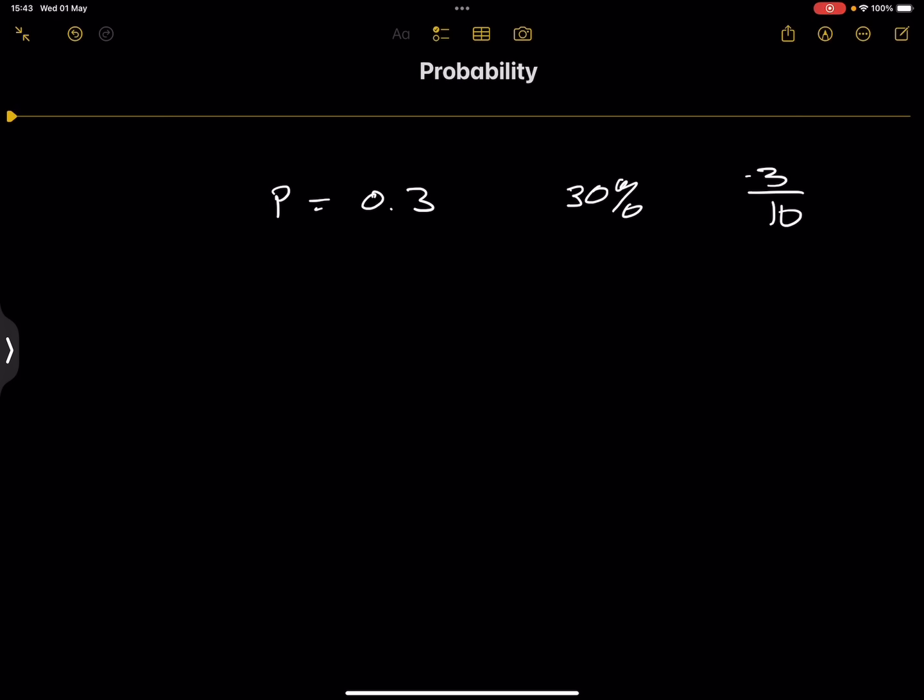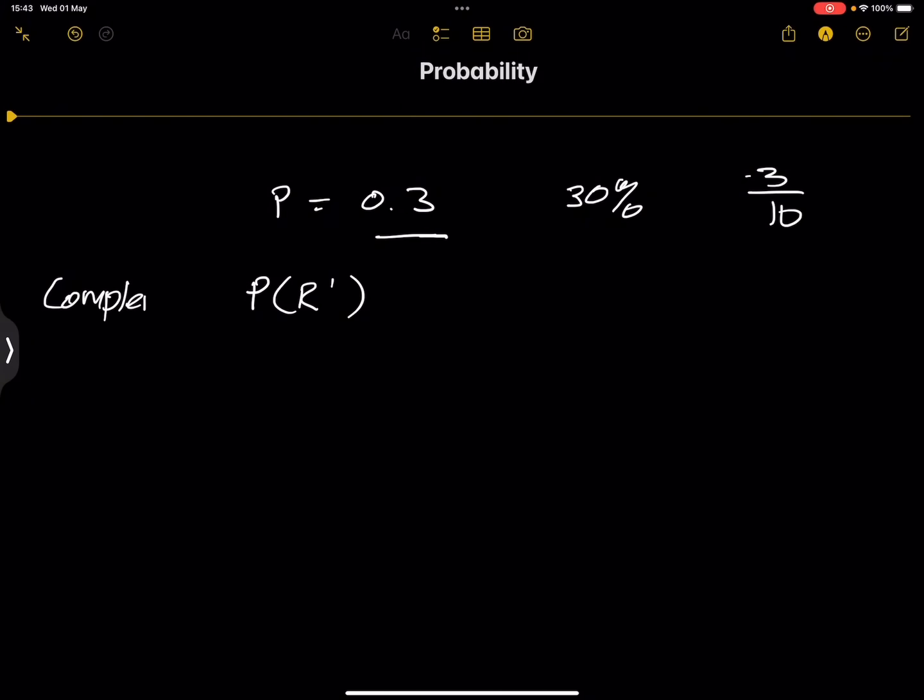So in this case, if I say to you that the chance of raining today is 0.3, then it means we can find the chance that it might not rain. We call this the complementary rule.